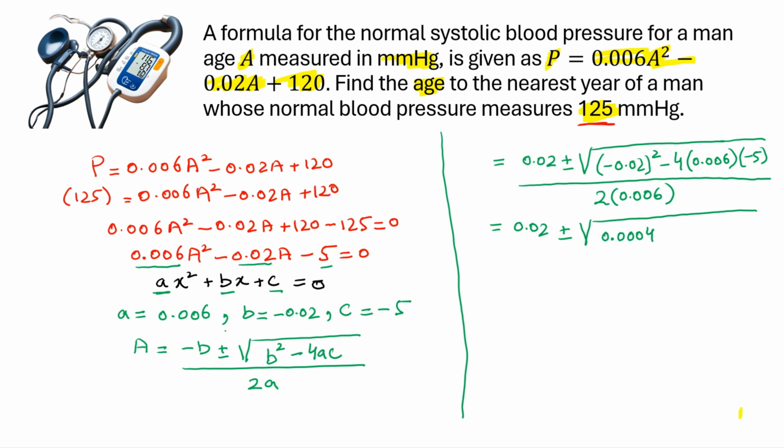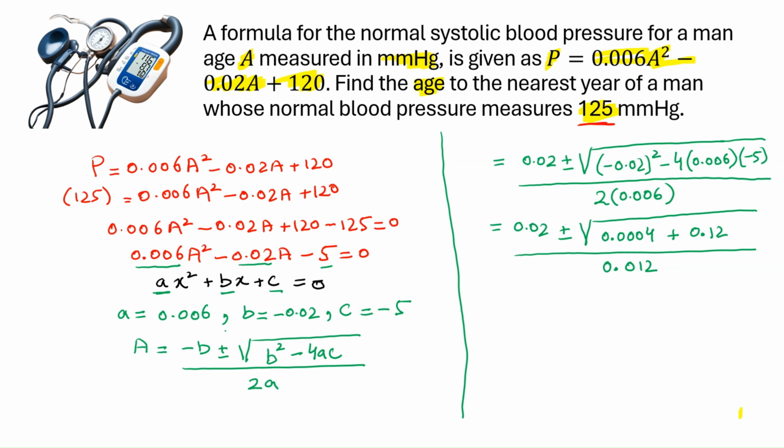Then negative 4 times negative 5 becomes positive, multiplied with 0.006, which equals 0.12. This is divided by 2 times 0.006, that is 0.012.